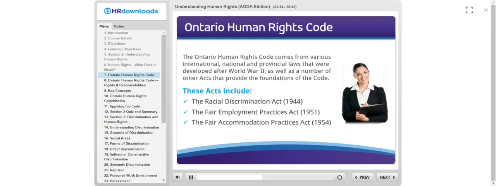The Code also incorporates the Canadian Charter of Rights and Freedoms, which guarantees the people of Canada certain political and civil rights. International law states that we all have human rights, and the preamble to the Ontario Human Rights Code reflects this by making direct reference to the United Nations Universal Declaration of Human Rights, which was established in 1948.